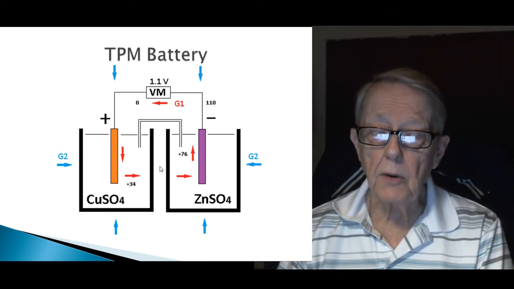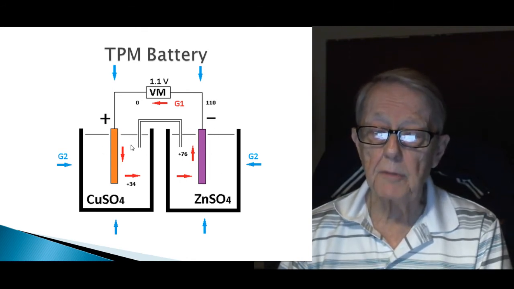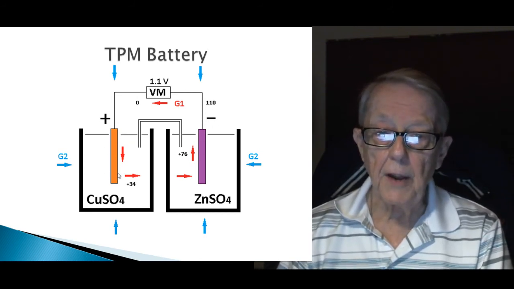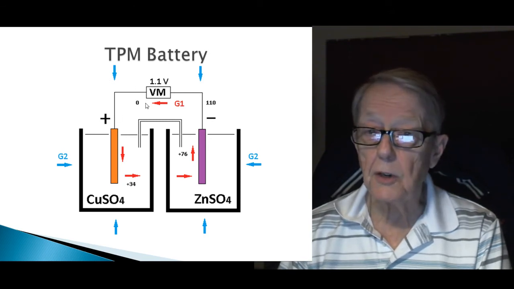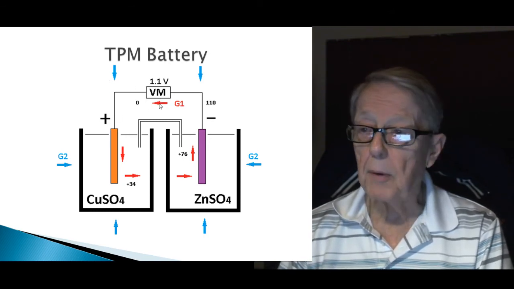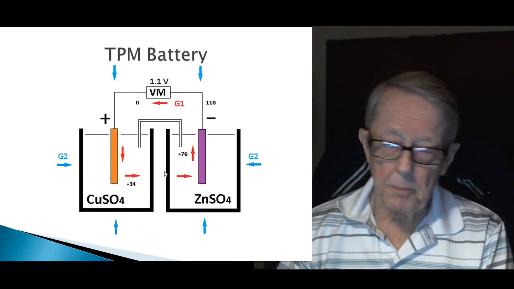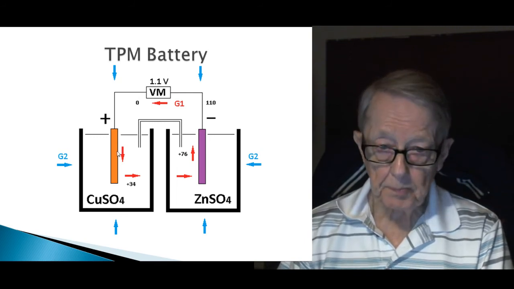I've said any number of times it takes several cycles for a circuit to find the right number of G1s that are needed to flow through the circuit to get a proper balance of voltages. Well, the battery apparently has to do the same thing. It's got to find its way.